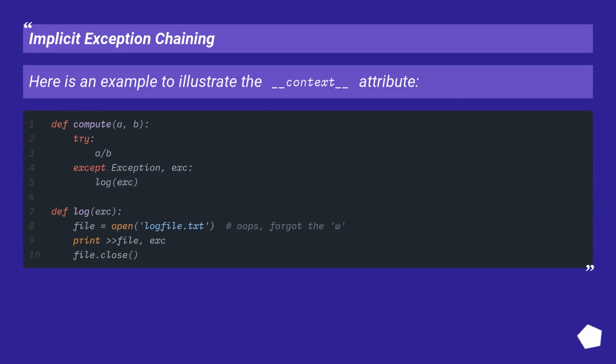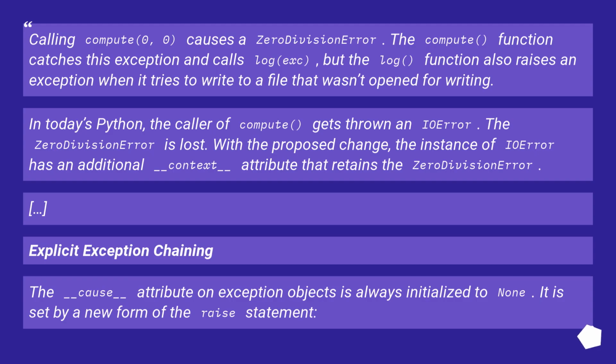Implicit exception chaining. Here is an example to illustrate the __context__ attribute. Calling compute(0, 0) causes a ZeroDivisionError. The compute function catches this exception and calls log(), but the log function also raises an exception when it tries to write to a file that wasn't open for writing.